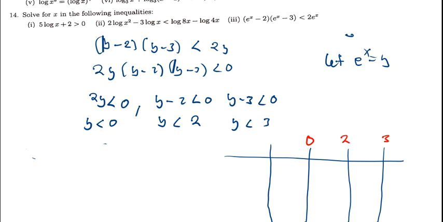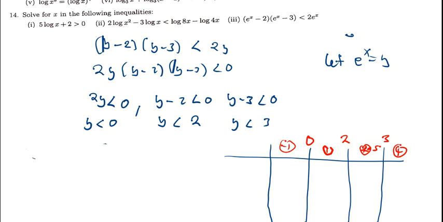So here it will be 4, here it will be 1, here it will be, no, here it will be 2.5, here it will be 1, and here it will be negative 1. We see the values which are going to be.